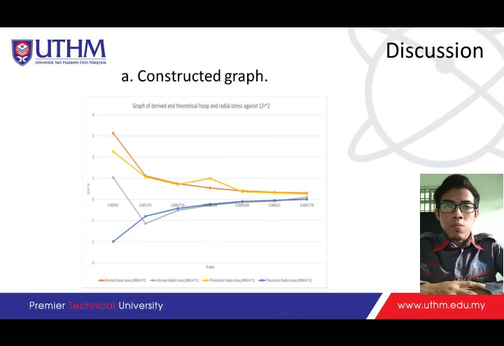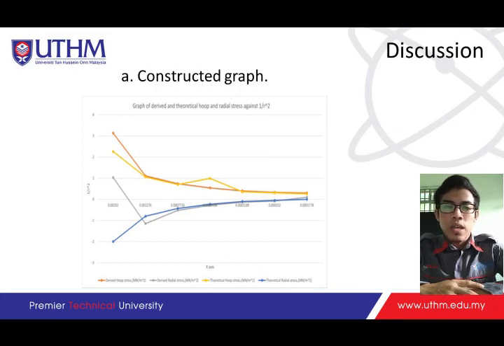Hi, my name is Muhammad Ismail Fawzi, and I'm going to talk about the discussion for this topic 5 of thick cylinder. Firstly, we need to plot the graph of the experimental and theoretical hoop and radius stress against 1 over R squared.